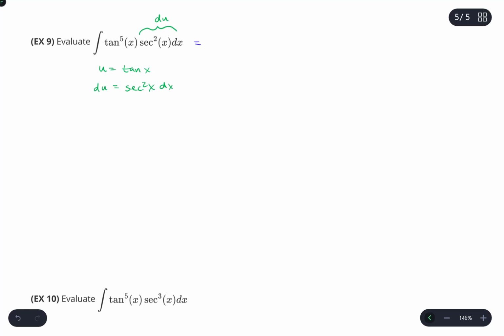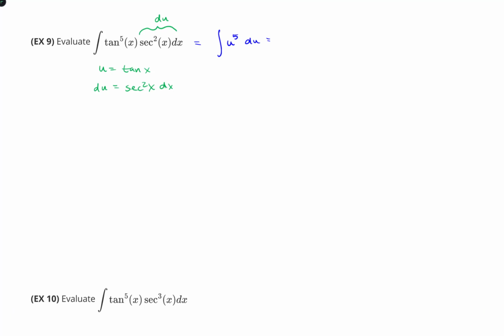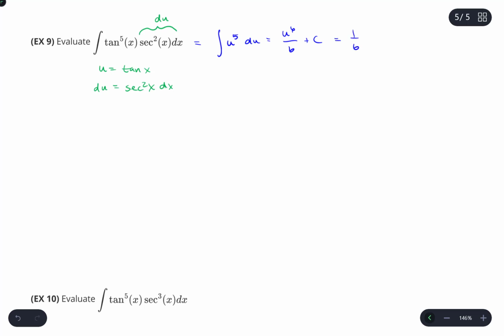I'm practically done and don't have to do anything else, because this would be the integral of u to the fifth du, which is u to the sixth over 6 plus c, or simply 1/6 tangent to the sixth of x plus c.